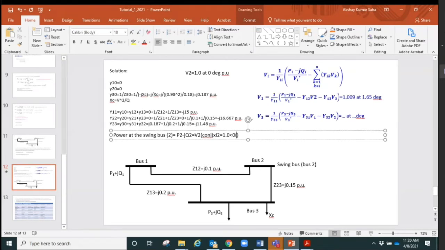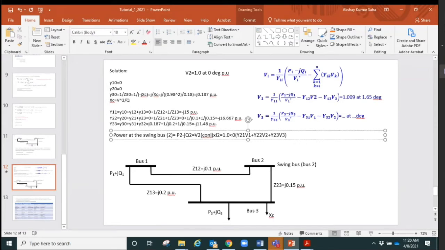I2 is equal to Y21 V1 plus Y22 V2 plus Y23 V3.